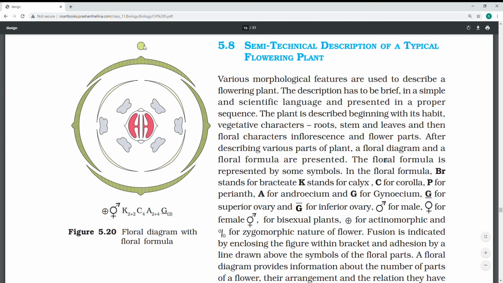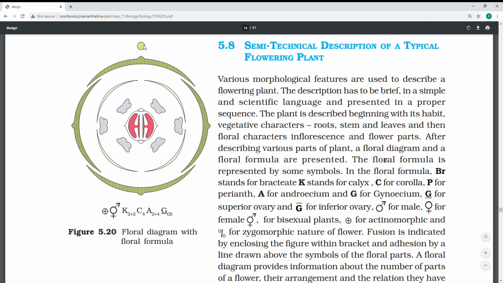Actinomorphic should be in spherical form, and zygomorphic in oval or ellipsoidal form. The floral diagram indicates the sexuality of the flower, the symmetry of the flower, the aestivation of the perianth, the number of floral parts and the position of the ovary.